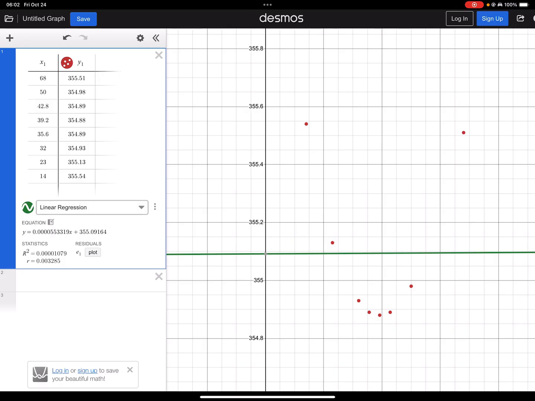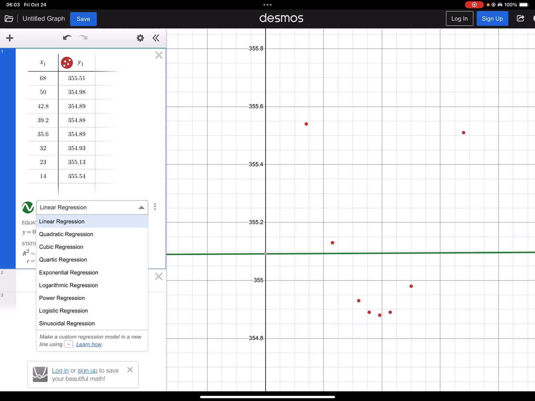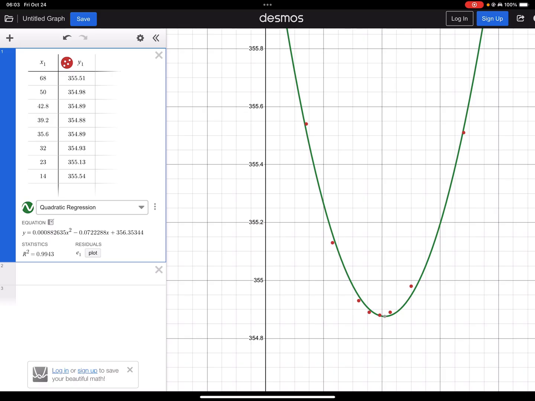And right now it gave us a linear regression, and it graphed what the linear regression would be. Notice that it's not going through or close to many of our points. So we're going to hit this drop-down menu, and we're going to select quadratic regression. And notice now the quadratic regression goes through or is close to most of our points.